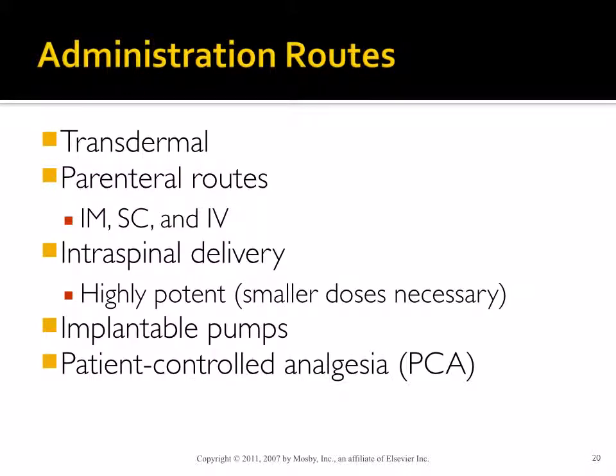Next slide, other administration routes are transdermal, parenteral, which is IM, subQ, and IV, and intraspinal, which is highly potent given within the spine. Usually they accomplish this by implantable pain pumps.